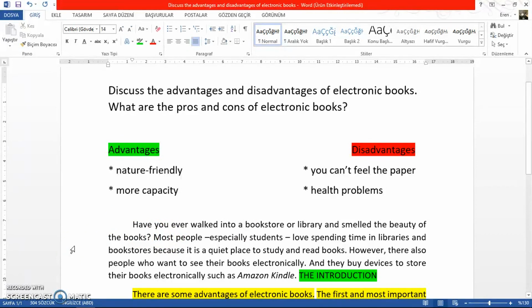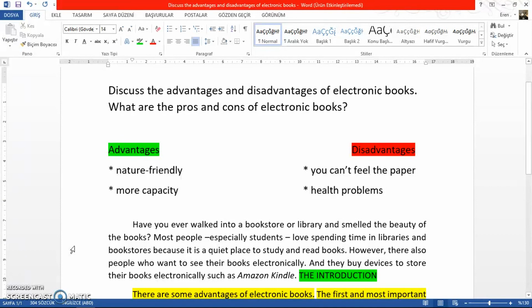Most people, especially students, love spending time in libraries and bookstores because it is a quiet place to study and read books. However, there are also people who want to see their books electronically, and they buy devices to store their books electronically, such as Amazon Kindle. Actually, I'm not sure how to say this word. It's not Kindle, as far as I know. Amazon Kindle.